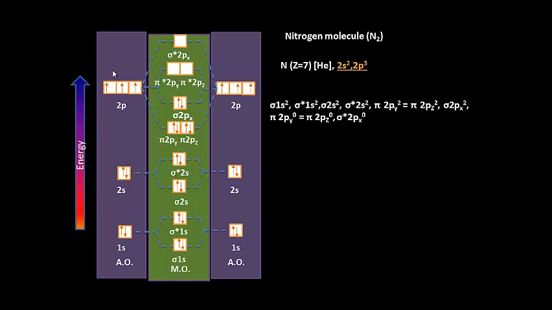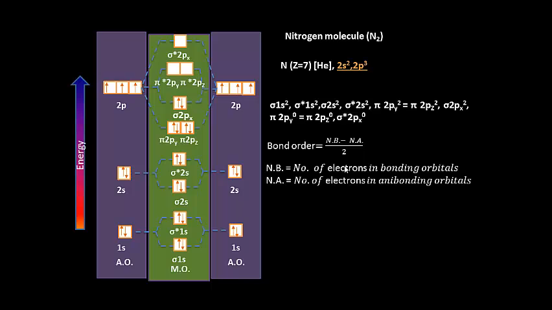With the help of molecular orbital diagram, we can calculate the bond order of nitrogen molecule. Formula for that is bond order is equal to Nb, that is number of electrons in bonding, minus Na, that is number of electrons in antibonding orbitals, divided by 2. So we need to count the electrons in bonding orbitals.